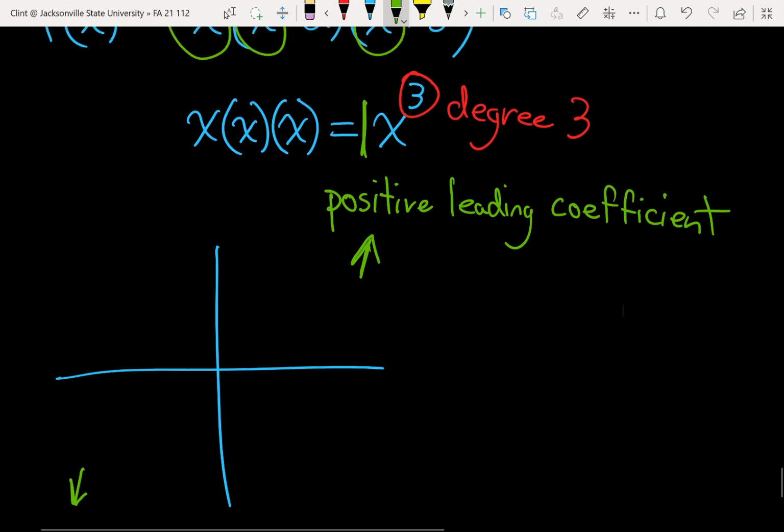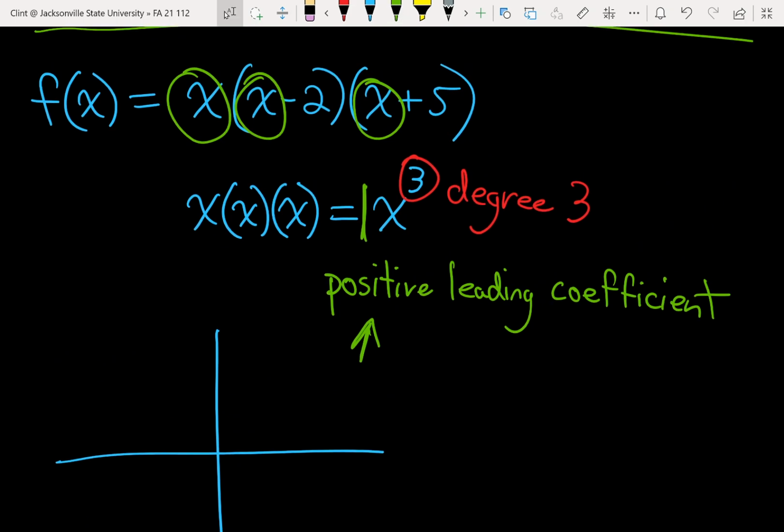The next thing I would check, you can do this stuff in any order you want to, but to me, this is the best order to go through because once you get the end behavior, usually you can get rid of about half the choices.